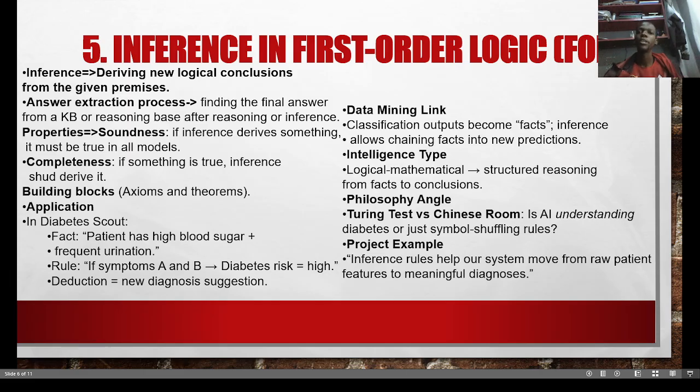Then it should never conclude a false answer if it is to be sound. As I said, you can need your system to be sound or complete depending on the scenario you are working on. So the building blocks we have in inference, of course, are the axioms and the theorems.